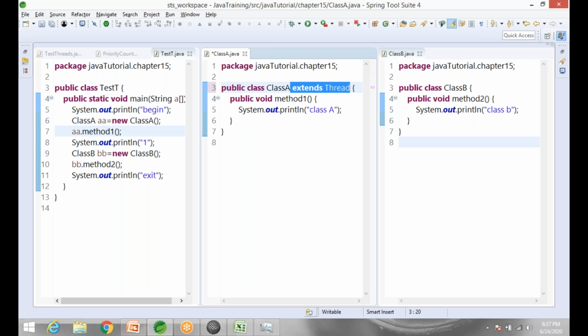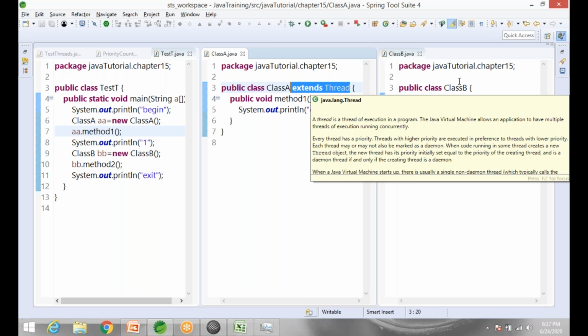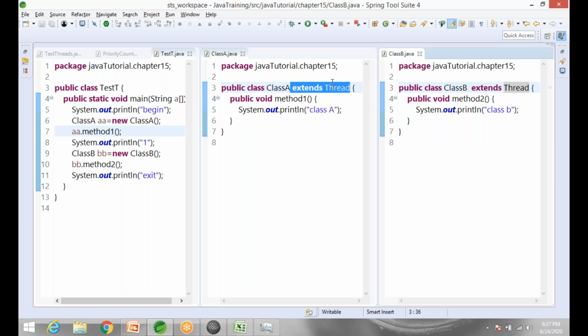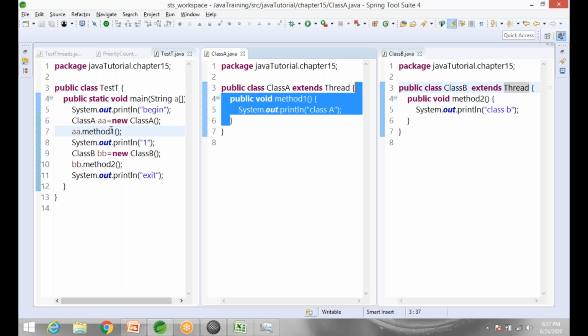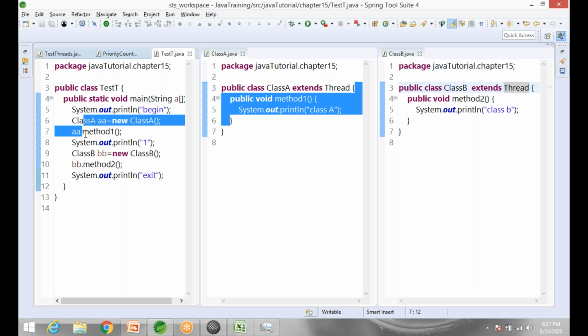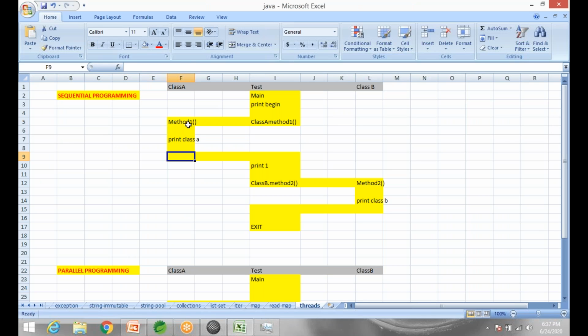If you want to write a thread program, you have to extend the class Thread. Extends Thread tells you that this program is not supposed to be processed sequentially. This program will be processed in parallel. When this program is running this line, the main program doesn't have to wait. When you're executing these lines, the other program does not have to pause.